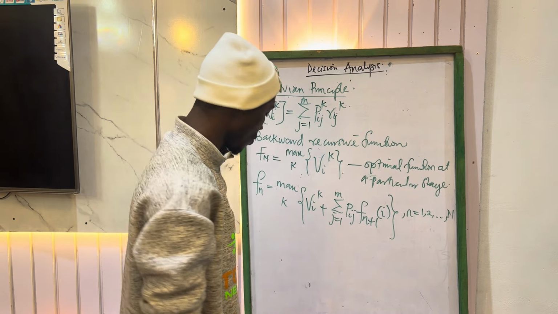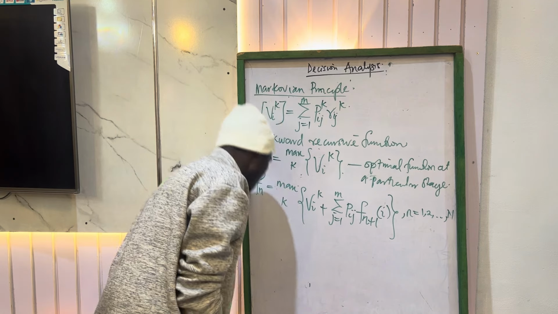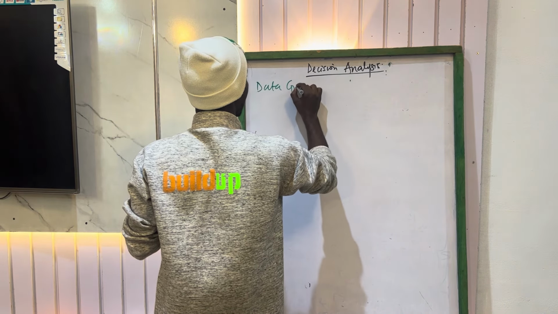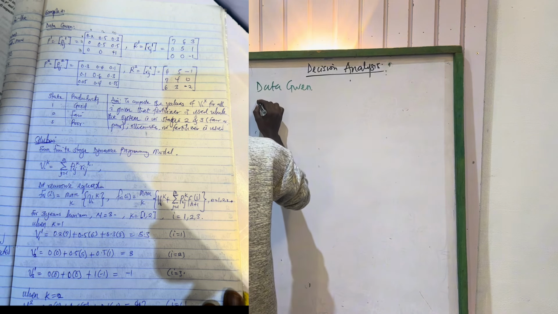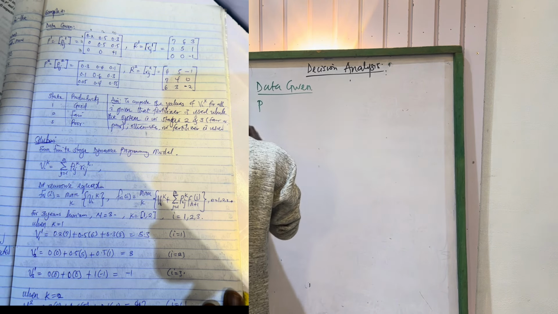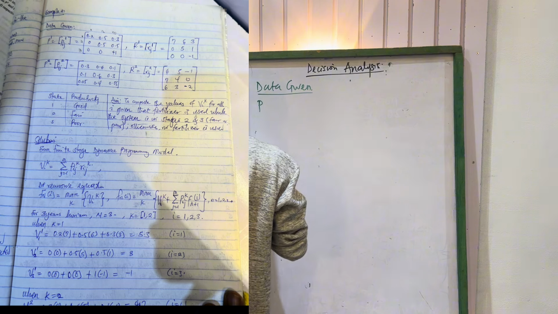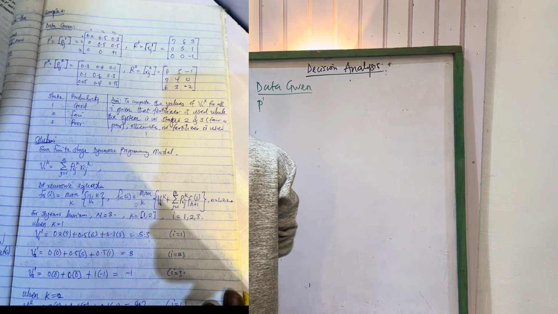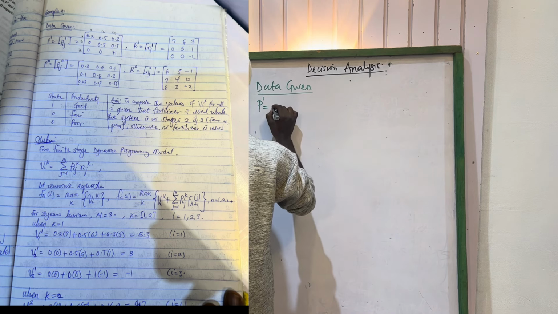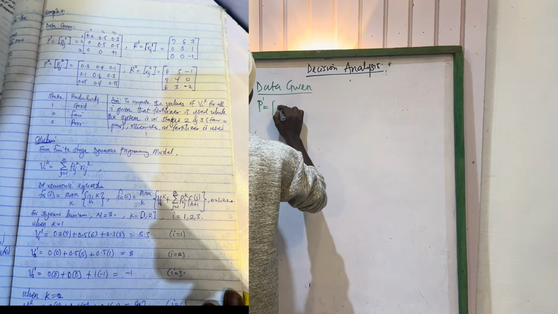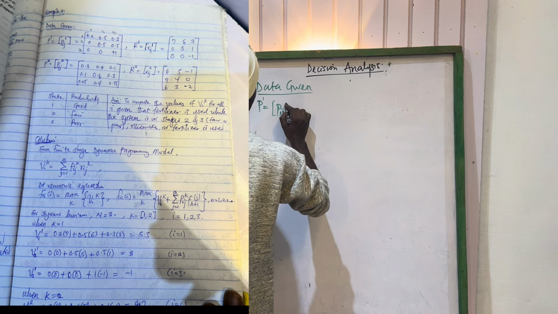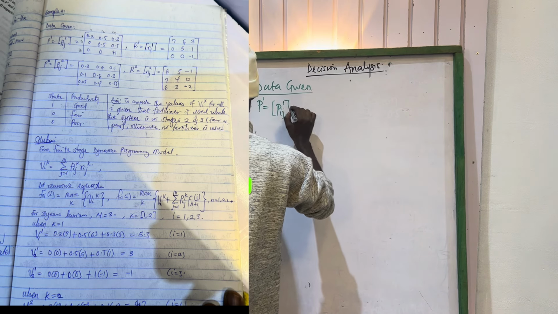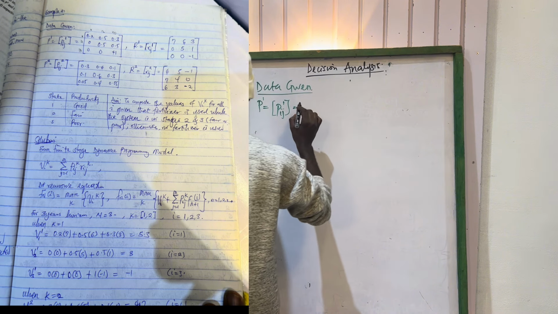So we can go to the example now and apply this. We're given this data: the probability for a farmer. The first condition is that the farmer should not apply fertilizer. If the farmer does not apply fertilizer, what will happen? So we have the states.